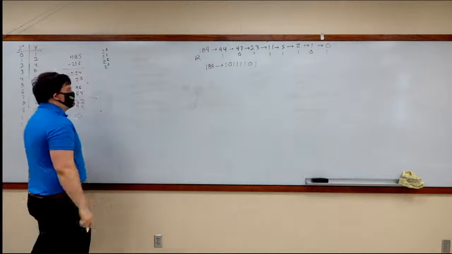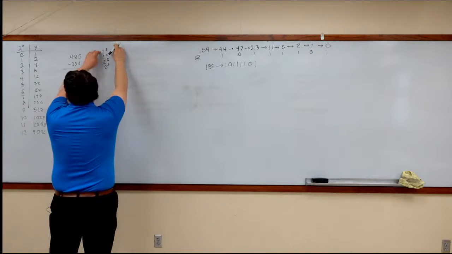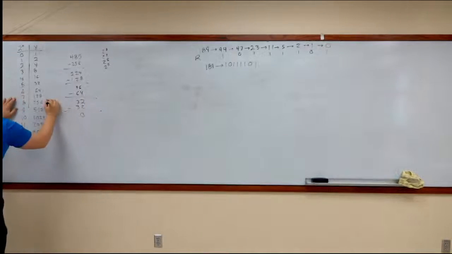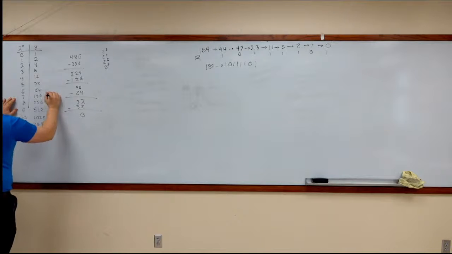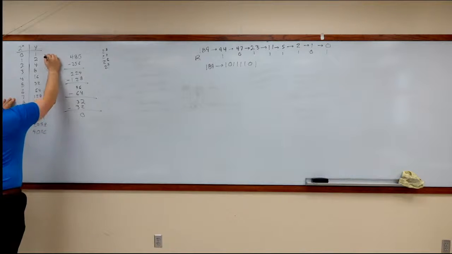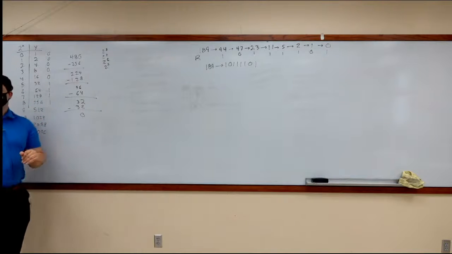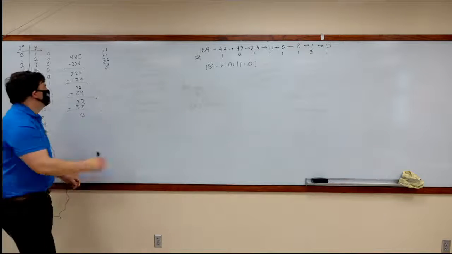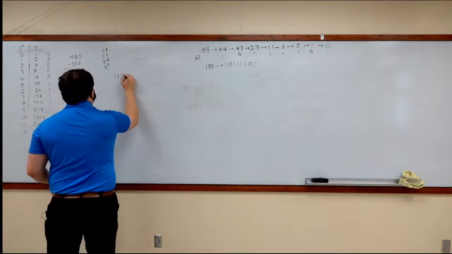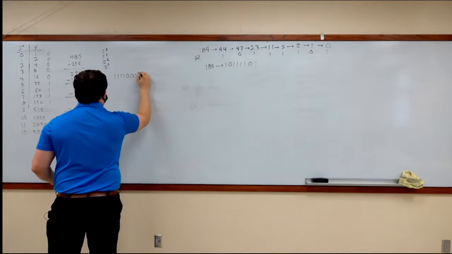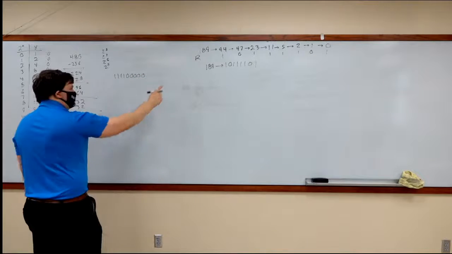So our end number is 111100000, which is what we wrote down earlier. And 111100000. We got the same number.